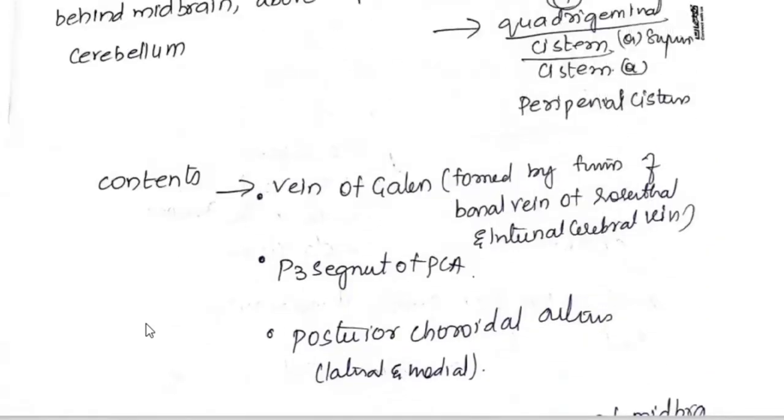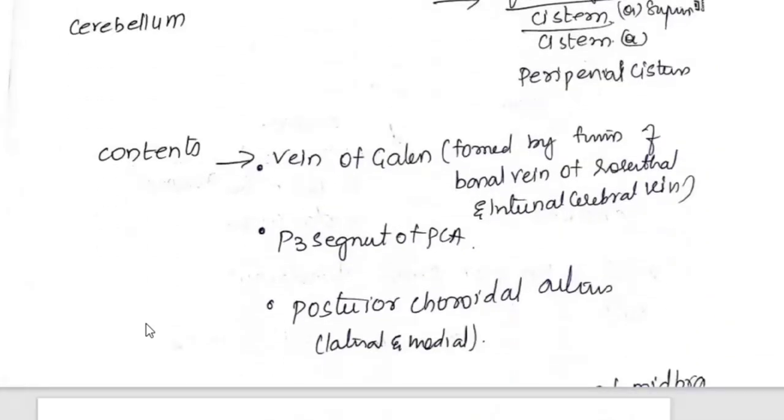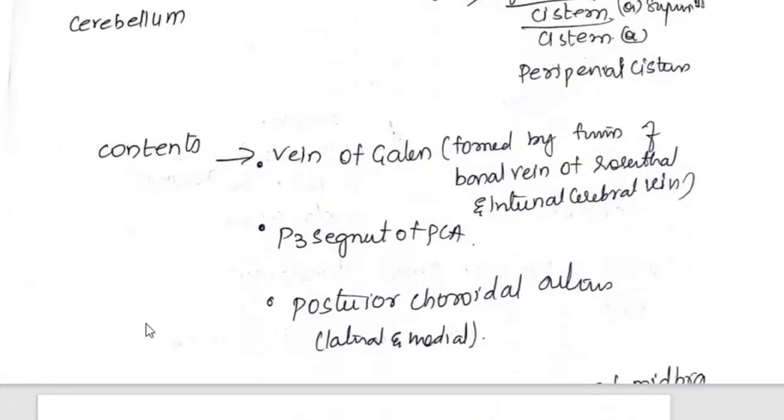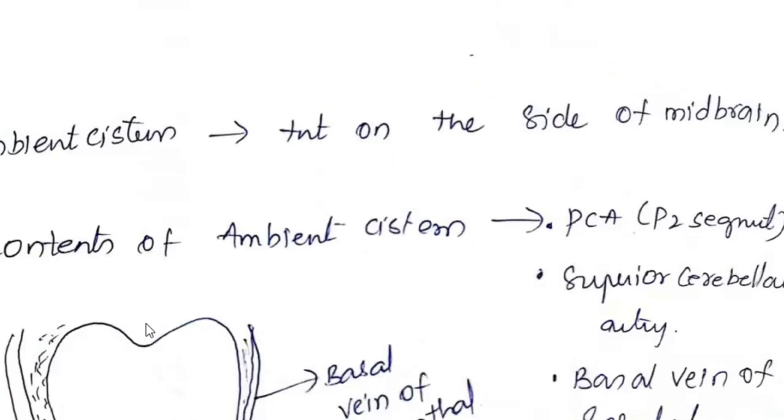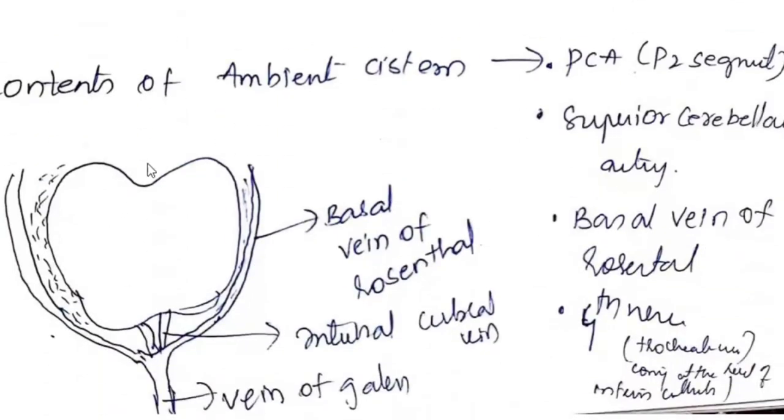Now, what are the contents of this quadrigeminal system? The vein of Galen, formed by the fusion of the basal vein of Rosenthal and the internal cerebral veins, and the P3 segment of PCA, posterior choroidal arteries. Here you have to remember just the posterior choroidal arteries. P3 segment I'll explain: from here, the part of P1 corresponds to this, this is the P2 part, and from here it forms the P3 part of PCA.